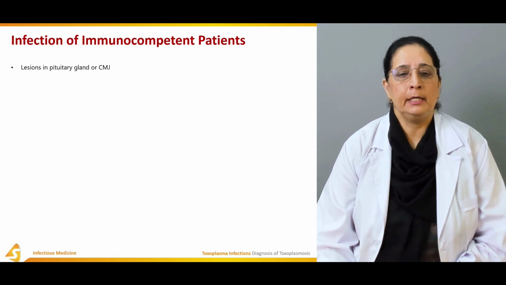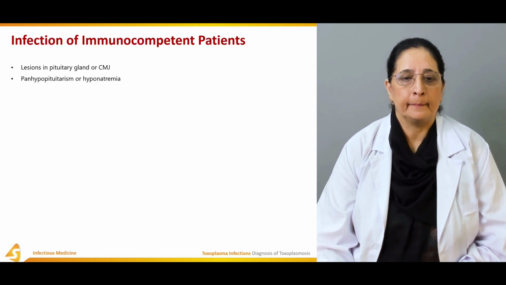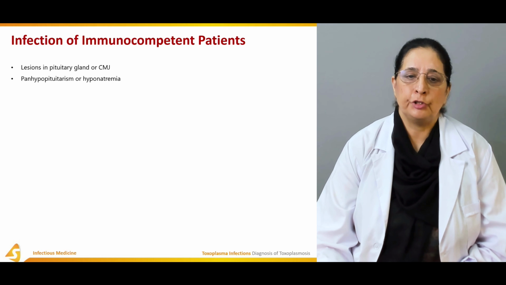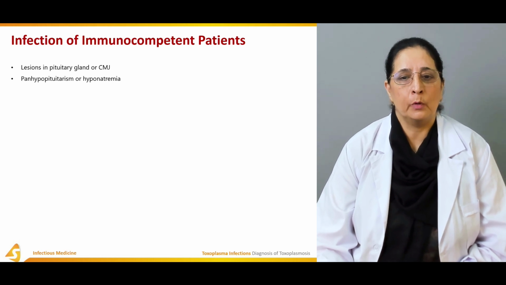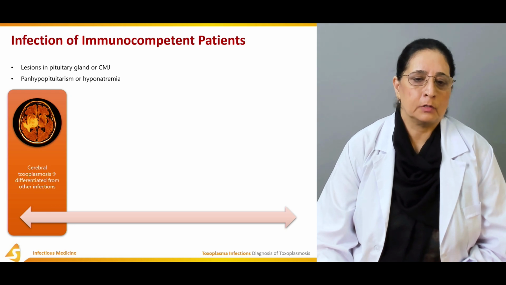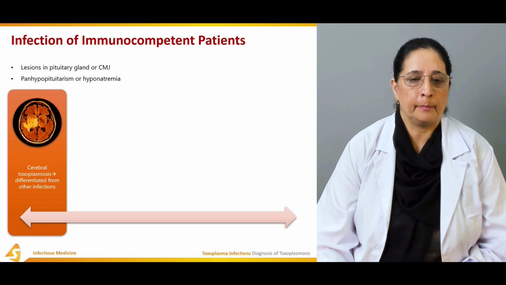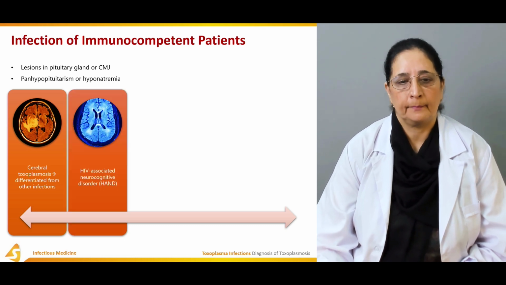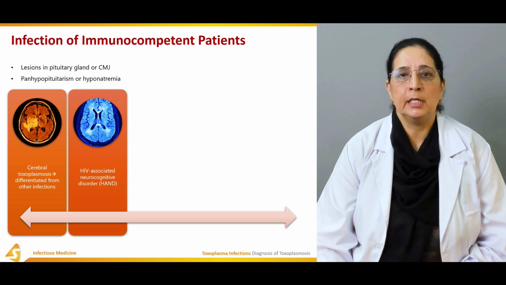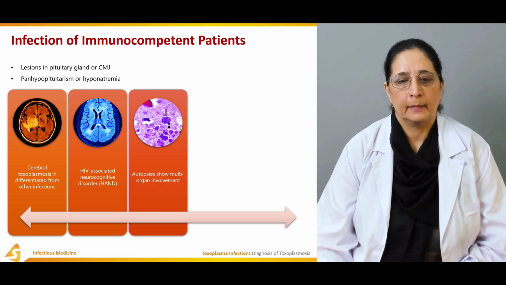Lesions in the pituitary gland or CNS can cause panhypopituitarism or hyponatremia. Cerebral toxoplasmosis must be differentiated from other infections and from HIV-associated neurocognitive disorder.